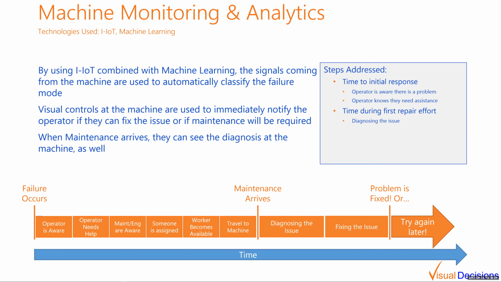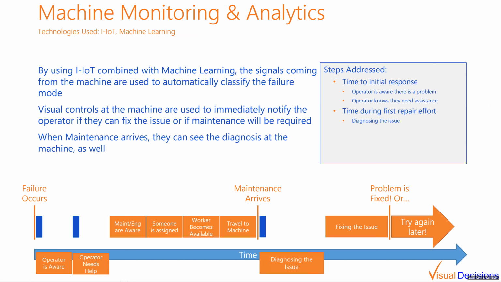And when we do that, we can not only notify the operator that there's a problem, but we can let them know, in many cases, what the problem actually is. And so by doing that, we can reduce the amount of time it takes not only to make the operator aware, but also to know that they're going to need assistance, and once somebody arrives at that machine, how long it takes them to diagnose the issue and actually get it fixed.